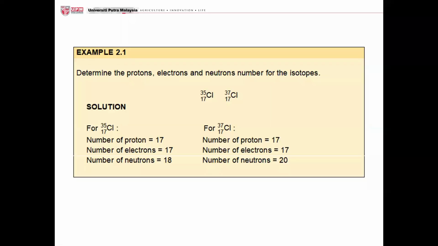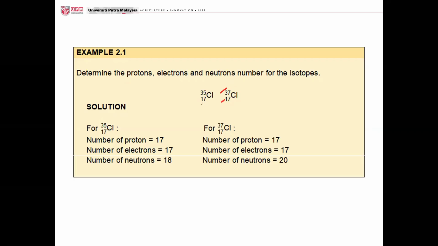Okay, let's see an example. Here, example 2.1: determine the proton, electron, and neutron numbers for the isotopes. We have the element chlorine with mass number 35 and proton number 17. Another isotope of chlorine has mass number 37 and proton number 17. So how do we determine this?